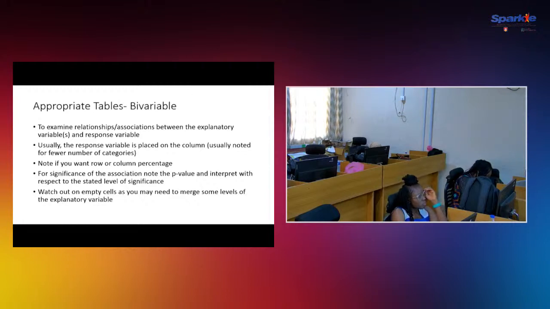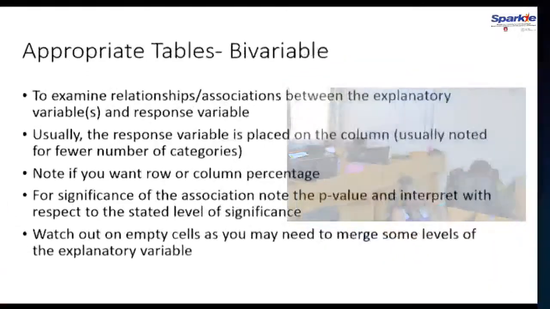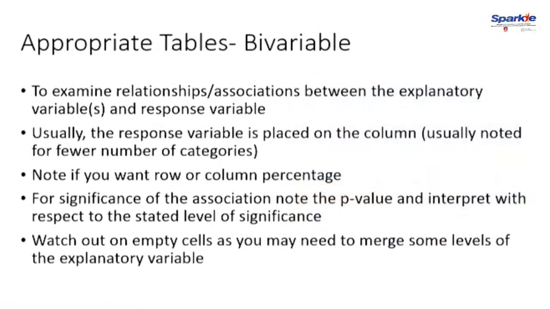Note, if you want row or column percentage, for significance of the association, note the p-value and interpret with respect to the stated level of significance. Maybe when we get to the practical session, we'll talk more about all of this. Watch out on empty cells, as you may need to match some levels of the explanatory variables. Okay?